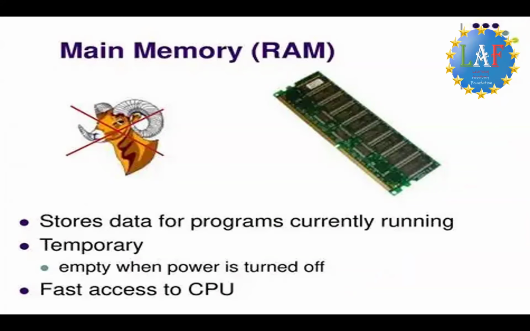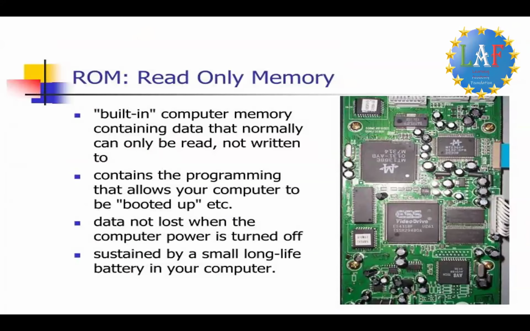And then read-only memory, a built-in computer memory containing data that normally can only be read, not written to. It contains the programming that allows your computer to be booted up. Data is not lost when the computer power is turned off, and it is sustained by a small long-life battery in your computer. So it holds permanent instructions like how to start the computer.